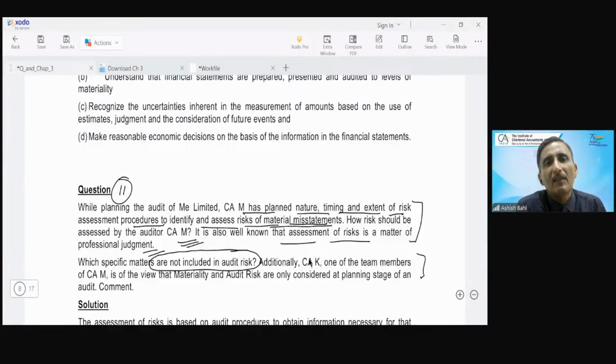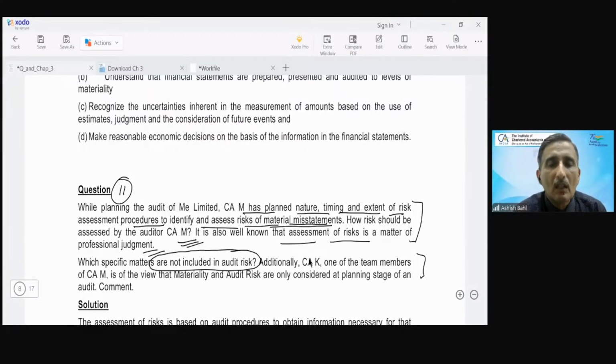Means the auditor gives an opposite report, saying financial statements are misstated when actually they are not, because such risk is insignificant. The auditor would give a report that financial statements are misstated when he finds that these are in fact misstated. So these things are not included in audit risk.